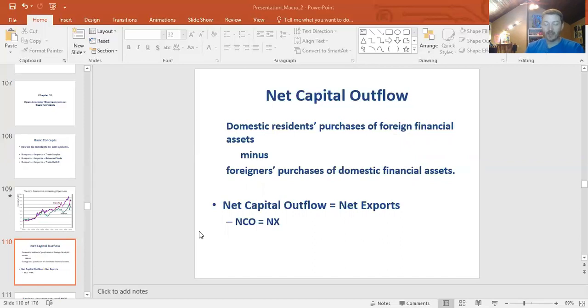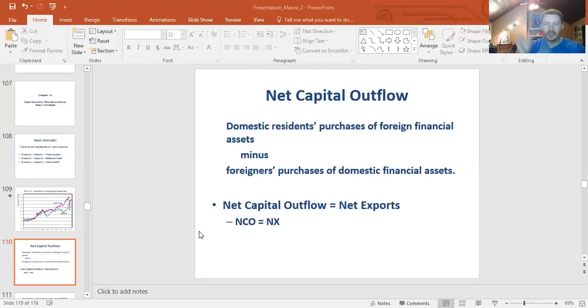If net capital outflow is positive, we're buying more foreign financial assets and accumulating foreign financial assets in this country. If net capital outflow is negative, then obviously the reverse is true. Foreigners tend to be accumulating more of our financial assets. If net capital outflow is positive, overall financial capital is flowing out of the country. That's the term outflow.